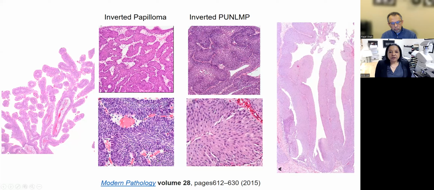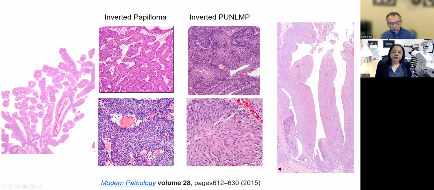Like we mentioned before, inverted papilloma versus inverted PUNLMP. Inverted papilloma will have thinner trabeculae because these are normal urothelium that is growing in an inverted pattern, whereas we defined papillary urothelial neoplasia as having hyperplastic urothelium.